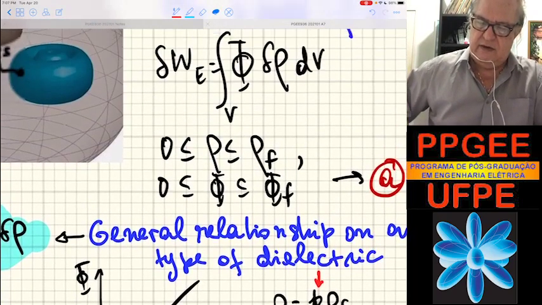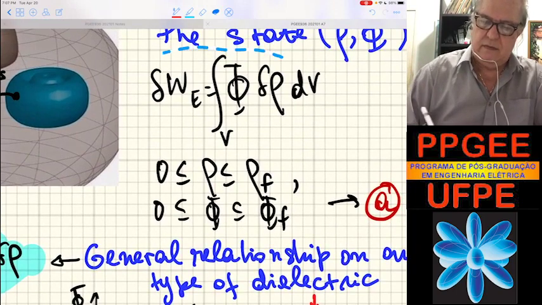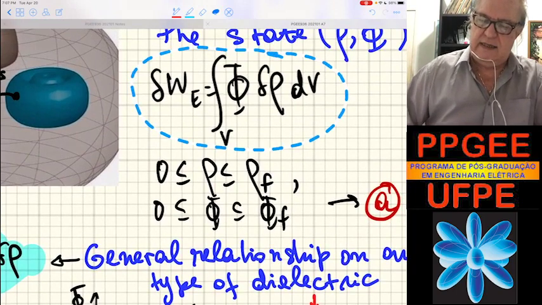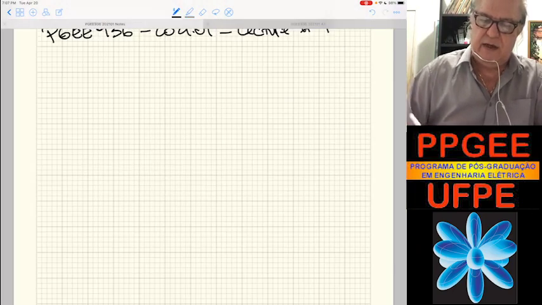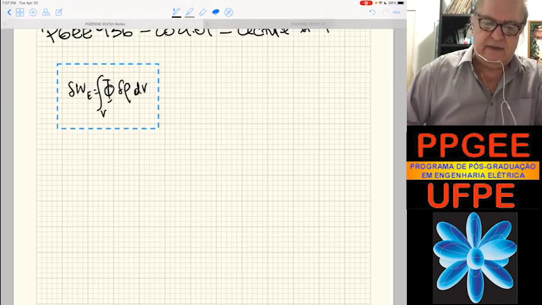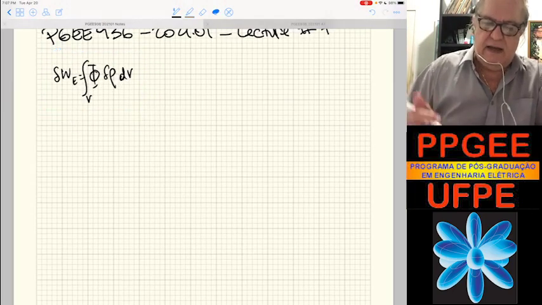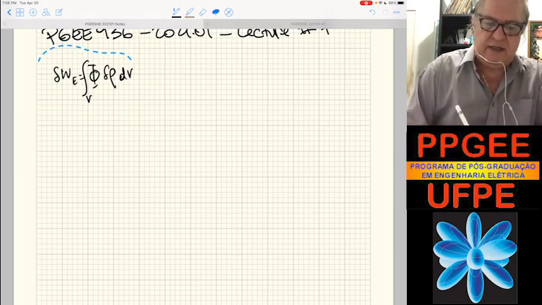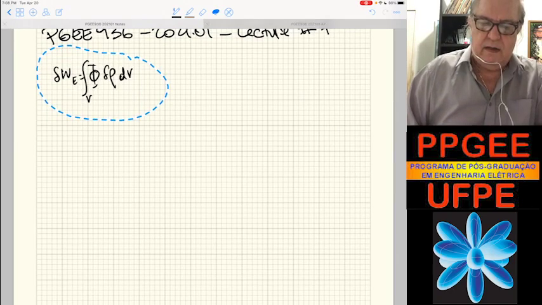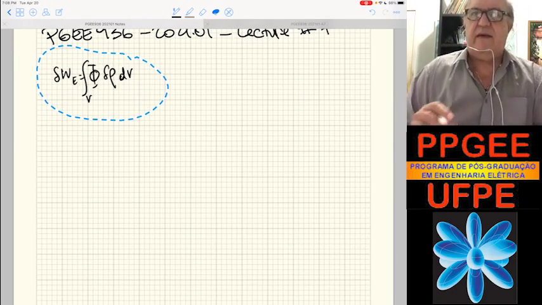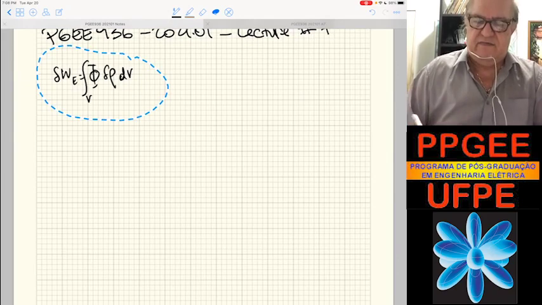So if you look at the integral that we have, let me just close this one. We have this integral here, right? So let's look at this. Let me copy that to here, and let's look at what happens to this integral. This is just the change at a given state of rho.